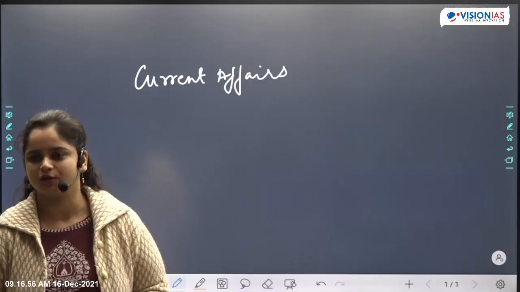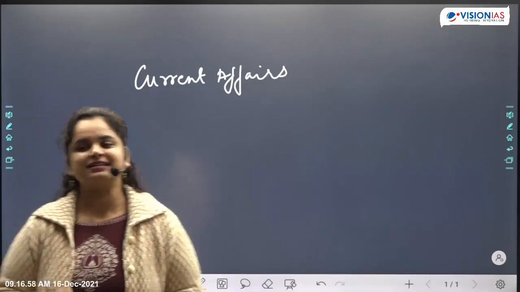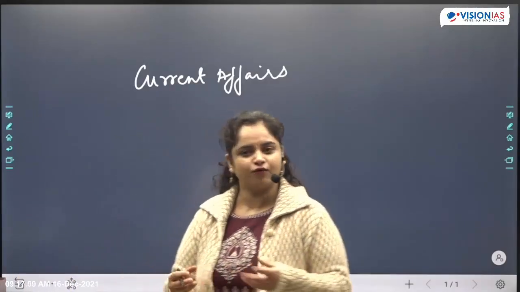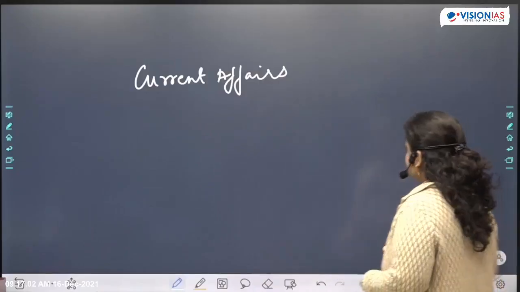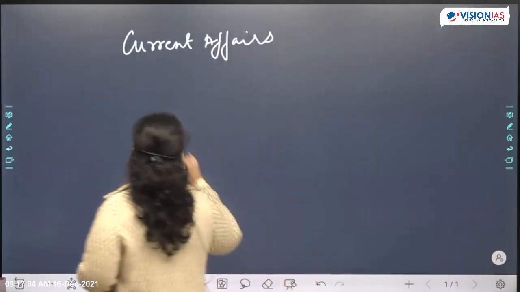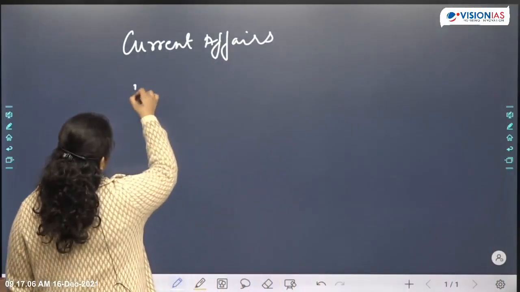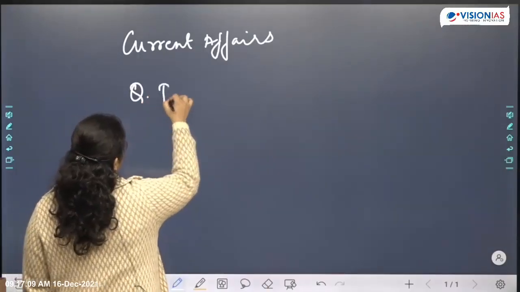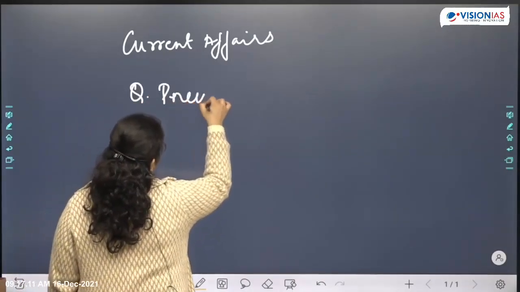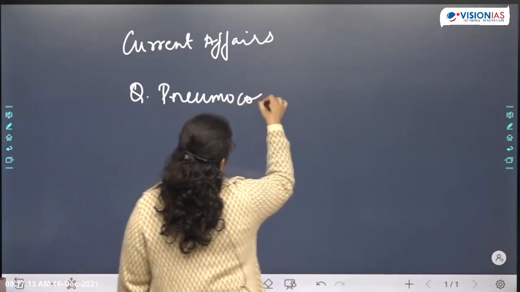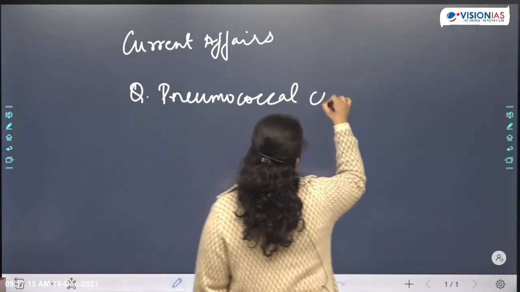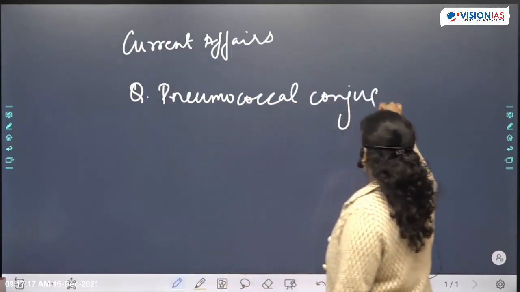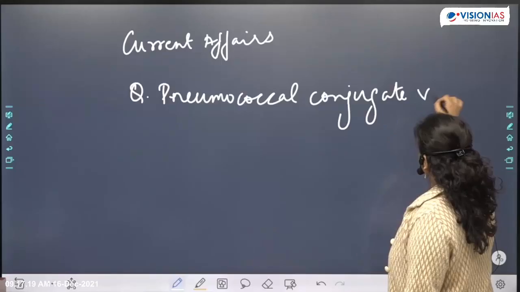How do you answer a question? I'll give you an example of the kind of questions they are asking and how you are supposed to approach them. In 2020, there was this question on the pneumococcal conjugate vaccine.